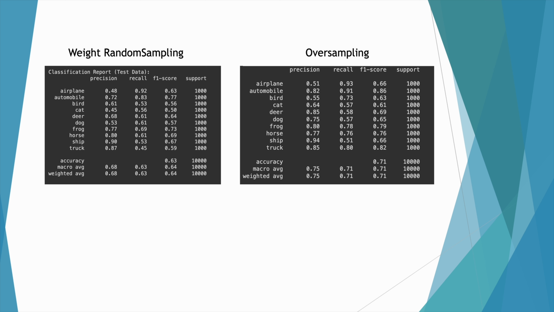The accuracy and some metrics like recall improved slightly, but the model still struggles with certain classes, and also using oversampling can sometimes increase the risk of overfitting, since the model may see repeated examples from the minority classes too often.